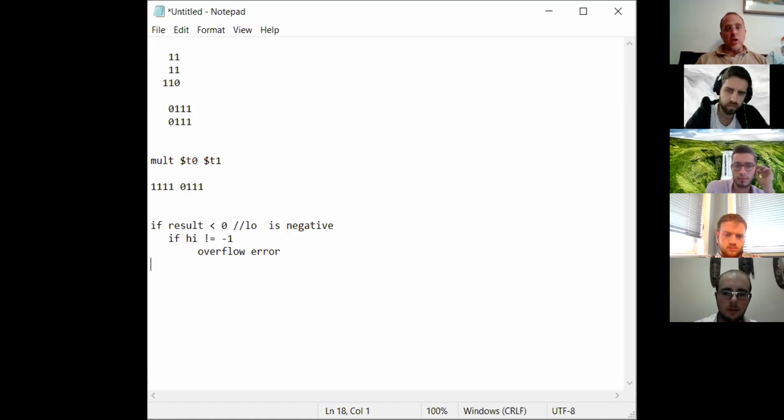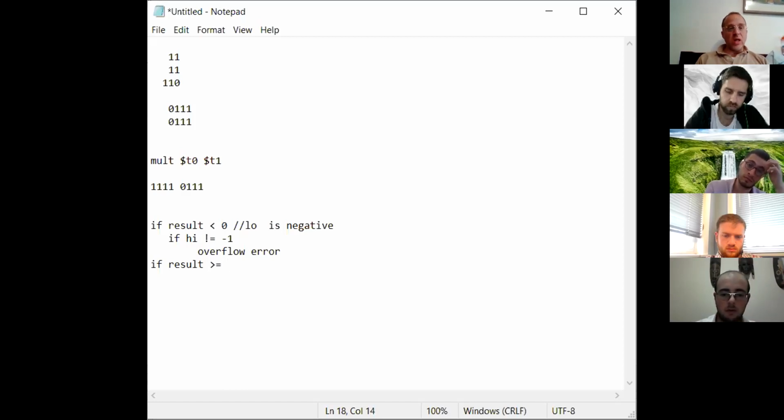Now we're not done. That's only if the result is negative. What about the else? I can say else, or I can say if the result is not less than 0, which is equivalent to, remember, whenever you reverse a comparison, it's the opposite plus equals.